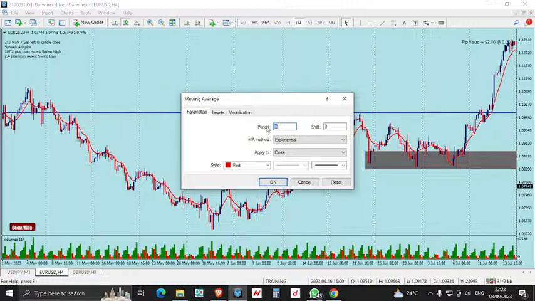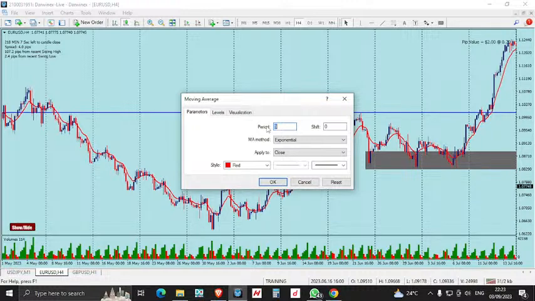This is where people get a lot of issues, because you are supposed to time your entry very well so that your stop loss will be very, very small, but your take profit will be huge. That's what we call risk reward ratio.